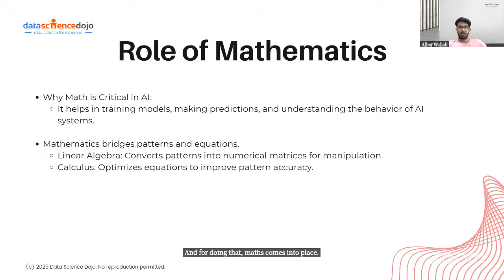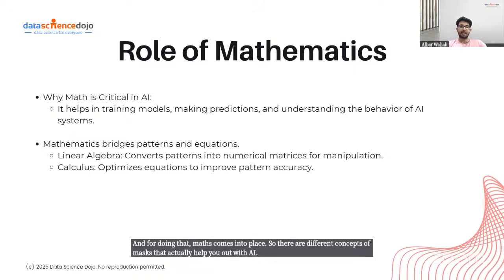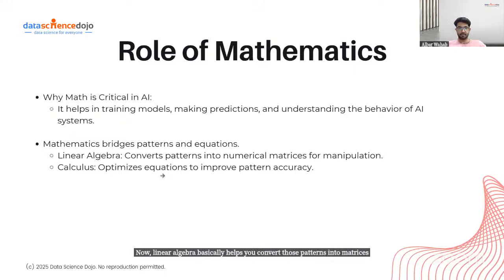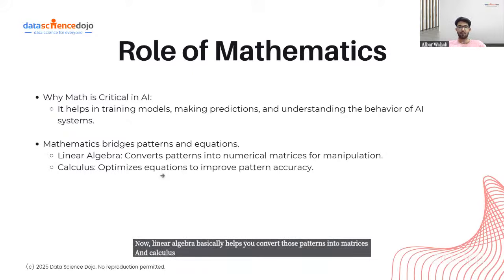So there are different concepts of maths that actually help you out with AI. And that includes linear algebra and calculus. Now, linear algebra basically helps you convert those patterns into matrices, and calculus helps you optimize equations to improve pattern accuracy.